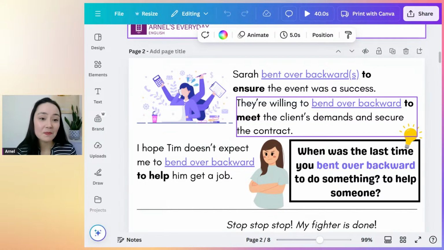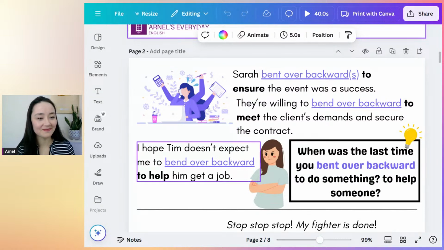Example number 2, they're willing to bend over backward to meet the client's demands and secure the contract. I hope Tim doesn't expect me to bend over backward to help him get a job. I don't think so.